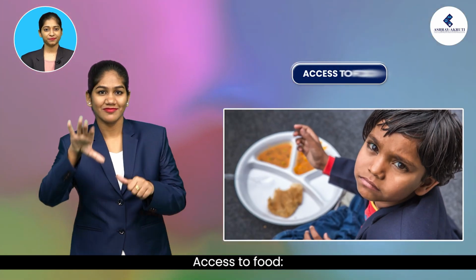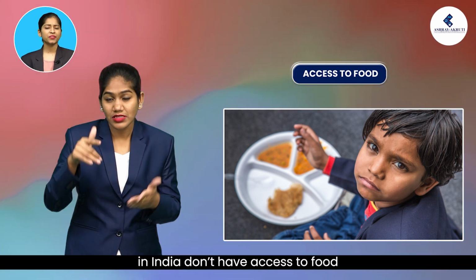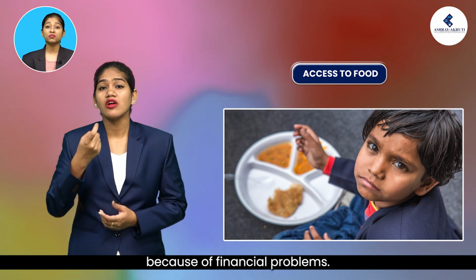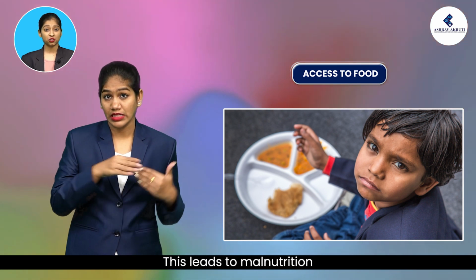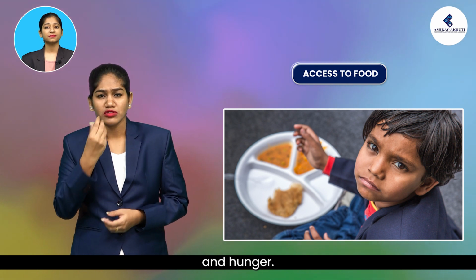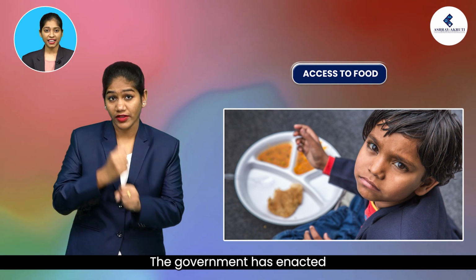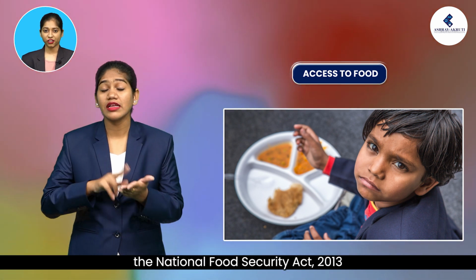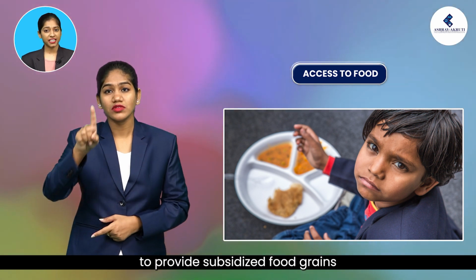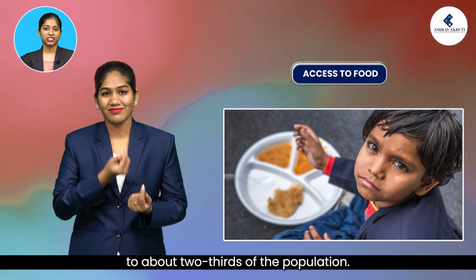Access to food. Many families, especially children in India, don't have access to food because of financial problems. This leads to malnutrition and hunger. The government has enacted the National Food Security Act 2013 to provide subsidized food grains to about 2/3 of the population.